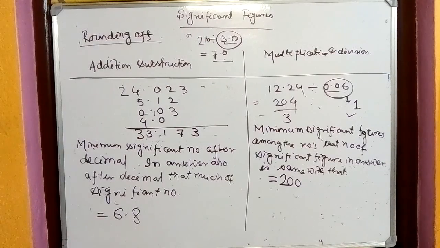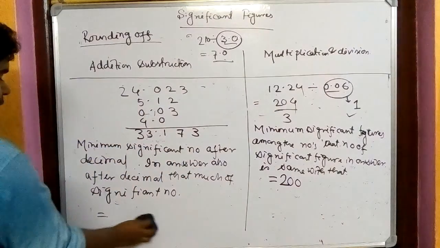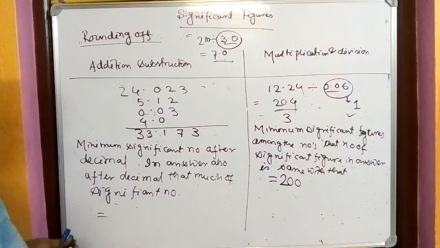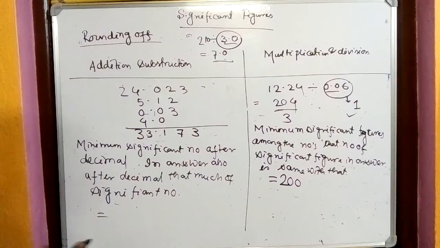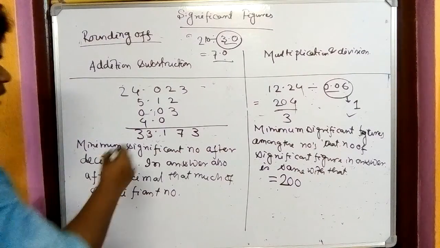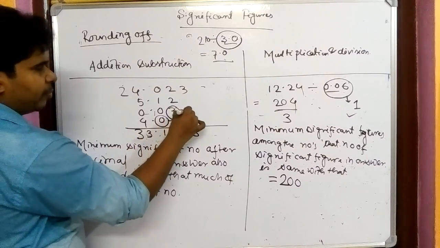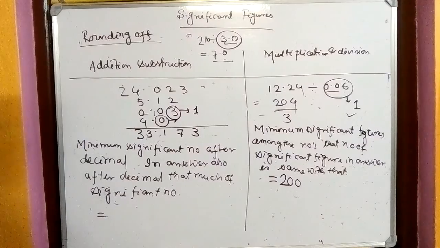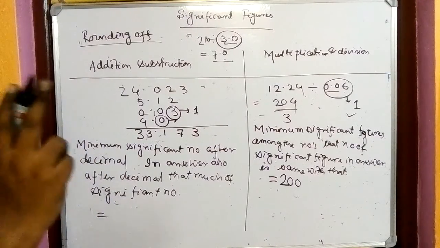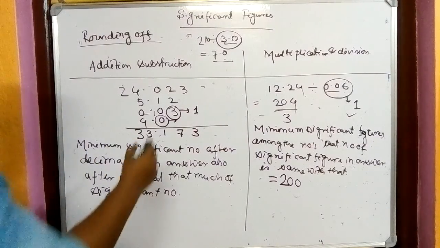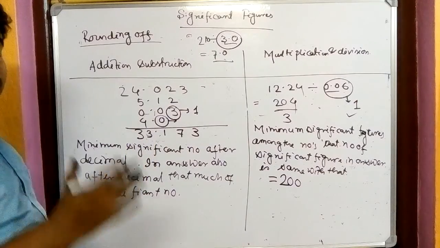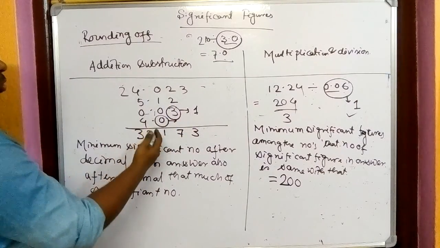So if I want to round it off, we have to find the significant figures after the decimal. Here the minimum after the decimal is 2 in this case, and here it is 1. So after the decimal we have to take only one number, because here is the minimum significant figure. After the decimal it is 1, here also it is 1.